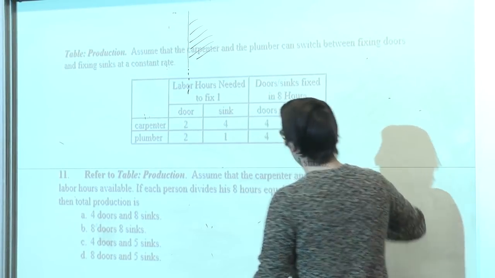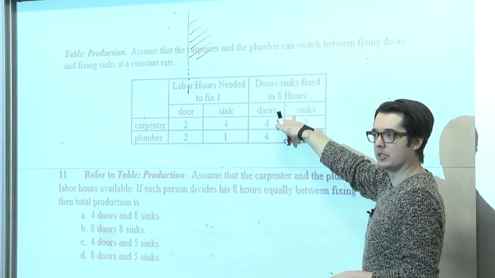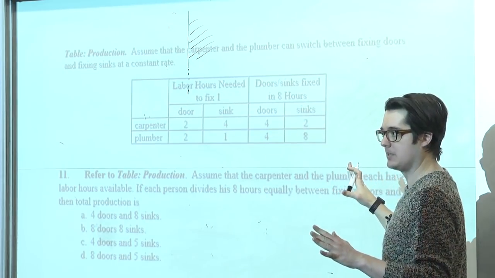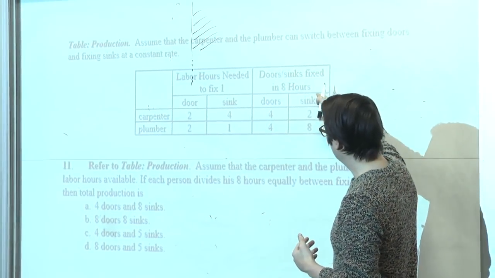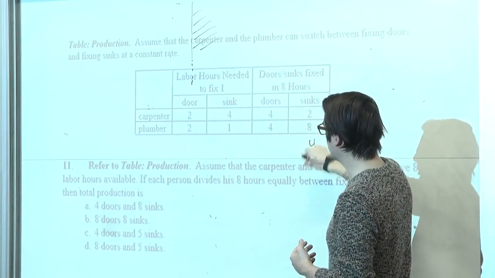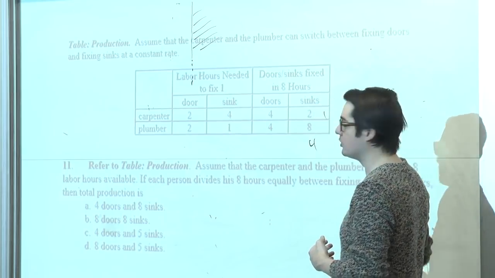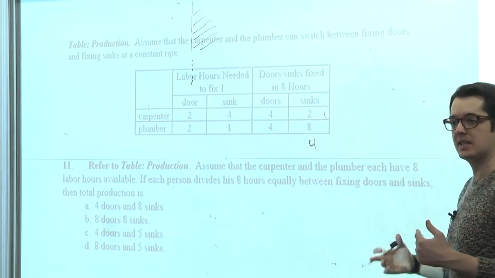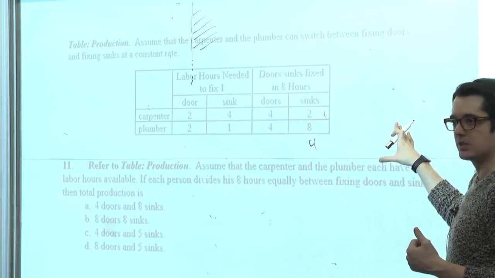So we're saying they each split their time equally. These both represent the amount that they would produce if they spent all of their time doing that particular thing. If the plumber spends half his time on sinks, he can produce 4 of them. If the carpenter spends half his time on sinks, he can produce 1. So the total amount of sinks, if they split their time, will be 5 in this market.